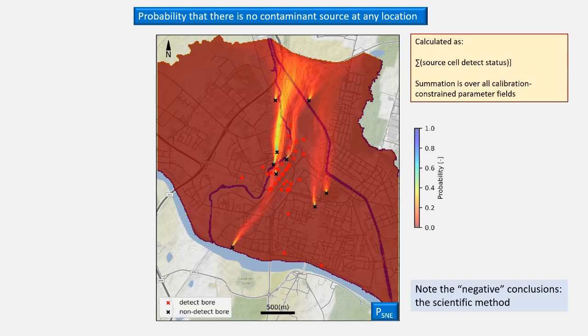So this is about as much information as we can get. This is about as much as we can say from the data that we've got at hand, and this was extracted from that data using a model built to solve an inverse problem, a very difficult inverse problem of inferring hydraulic properties and of back calculating contaminant sources.